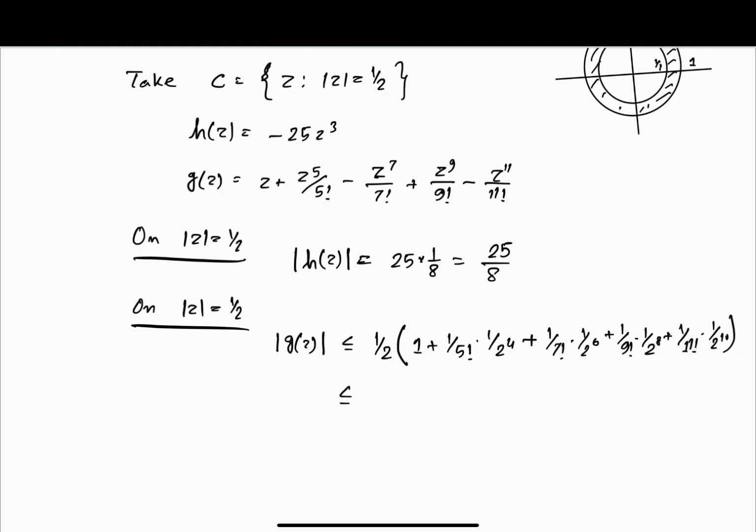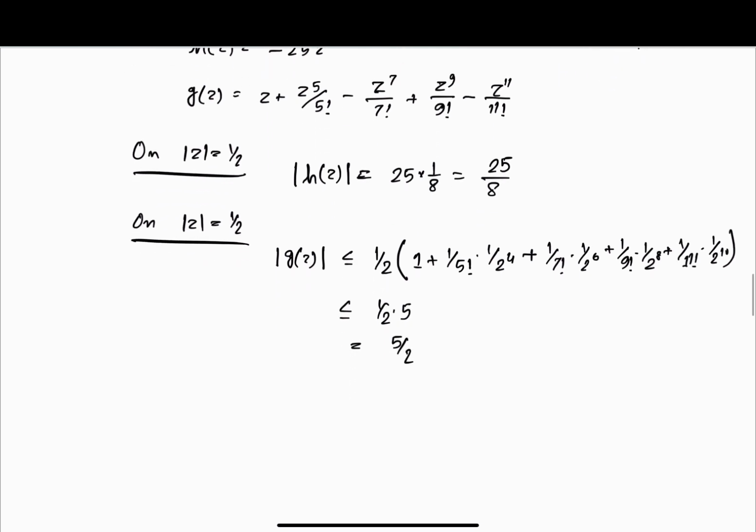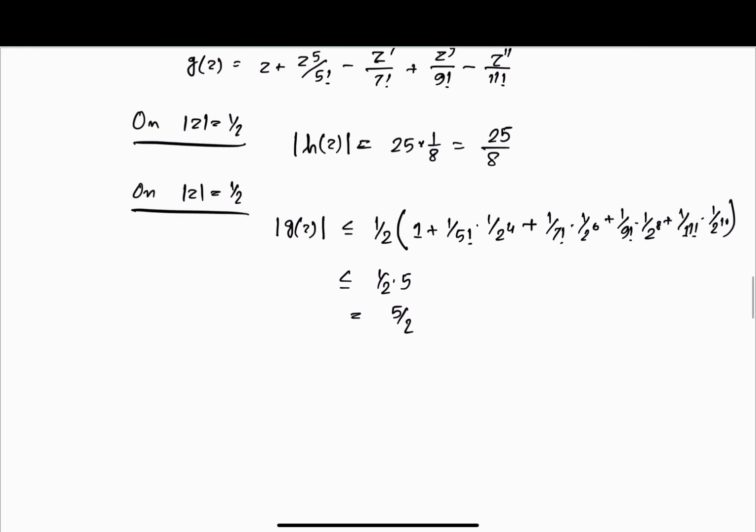All these are less than 1, so half times 5, which is 5 by 2. So on mod z equals half, gz is less than 5 by 2.